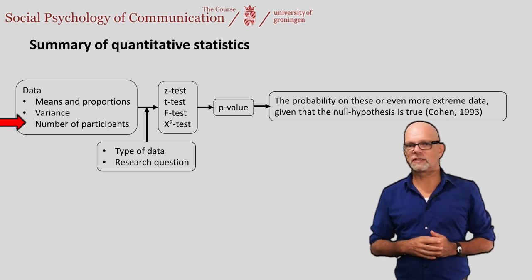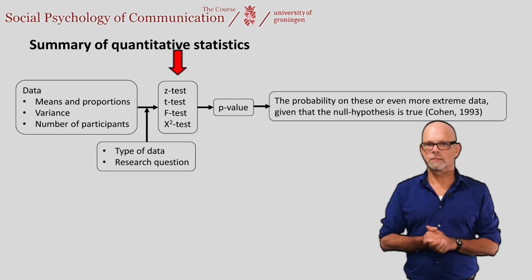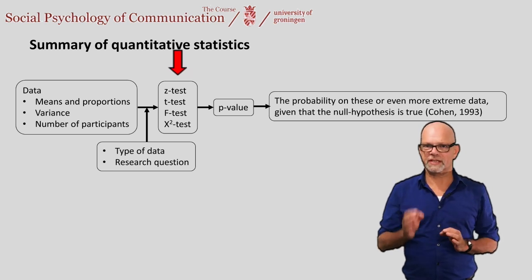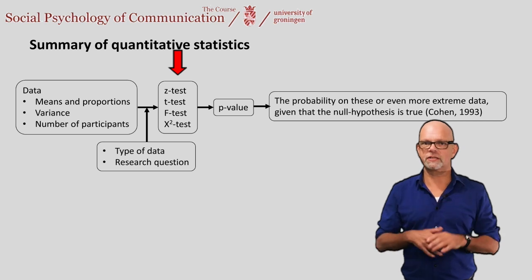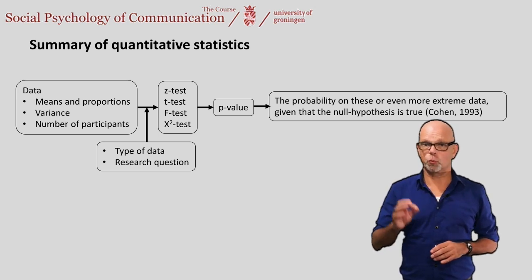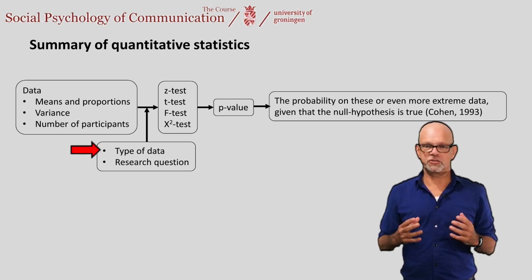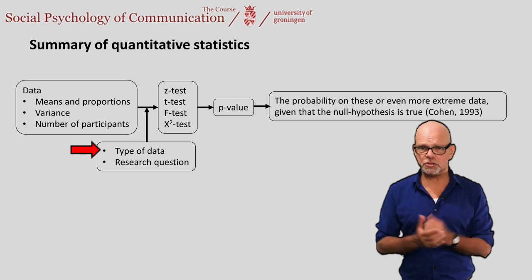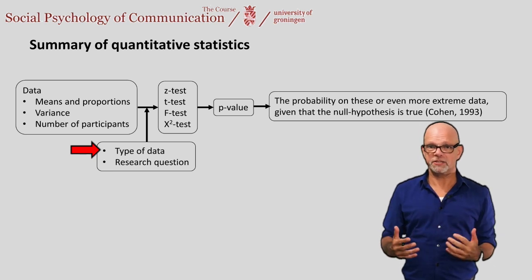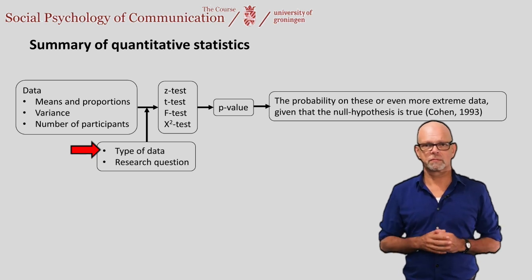These features of the data are used to compute a so-called test statistic, a number that represents what is going on in the data. What statistic is used to test what depends on the type of the data. Are we analyzing different groups, like religions, or bodily weight in kilograms, or attitude on a scale from 1 to 7?